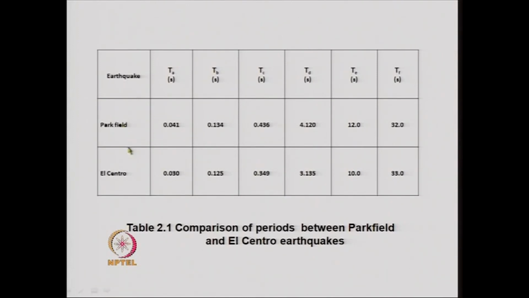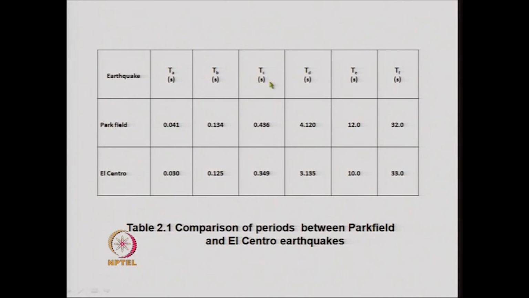For the Parkfield earthquake and for the El Centro earthquake, one can see that the TA value was 0.03 for Parkfield and 0.041 for El Centro. For Parkfield TB was 0.134, and it was 0.125 for El Centro.